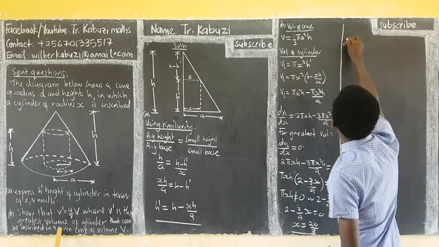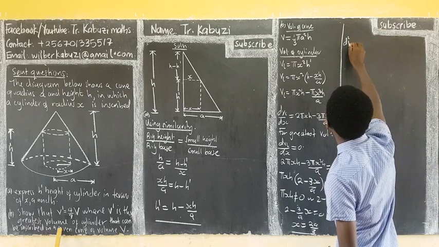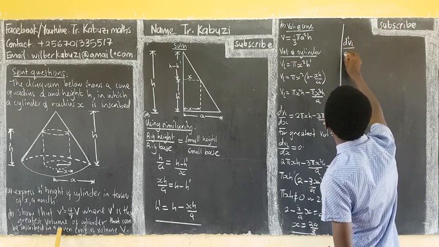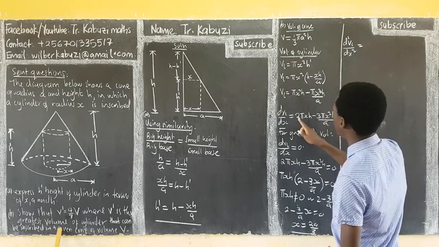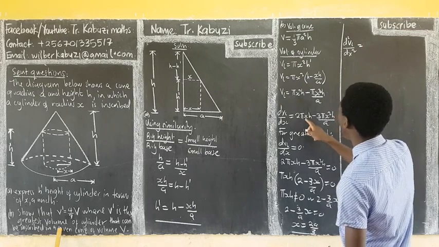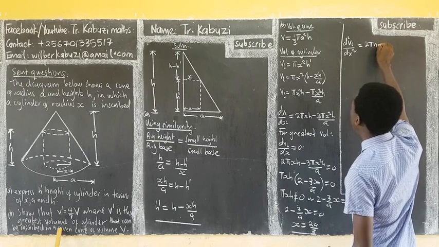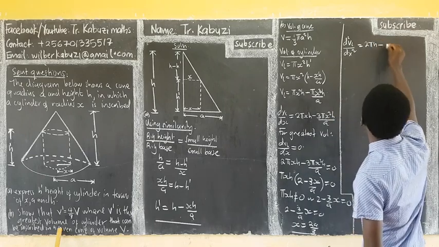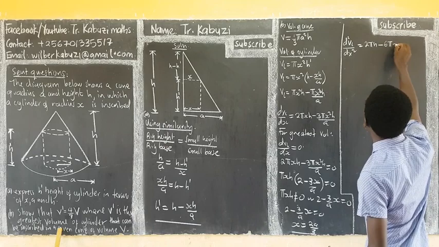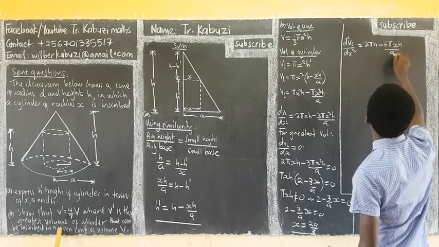So now our d²V over dx² will be 2 pi h minus 6 pi x h over a.